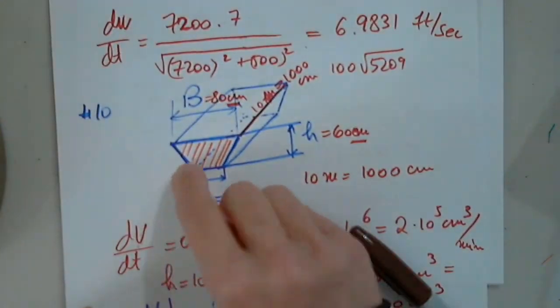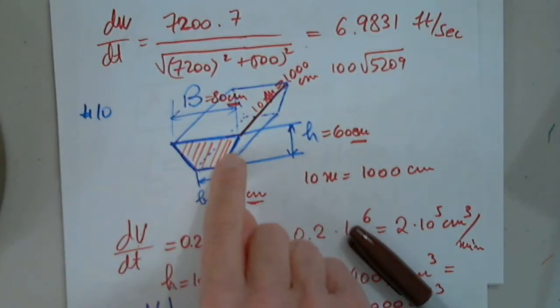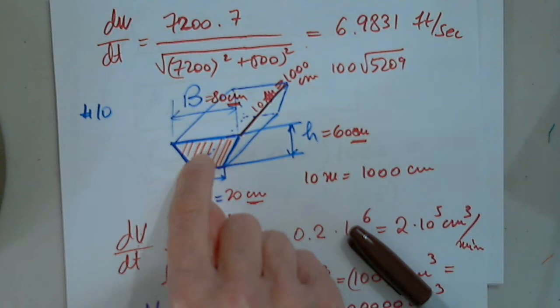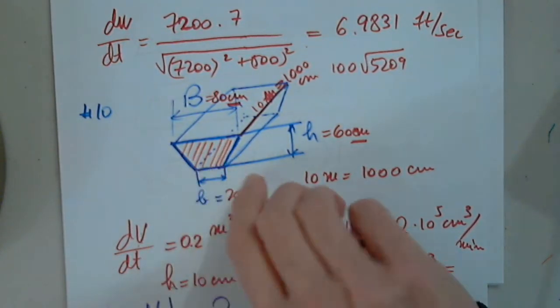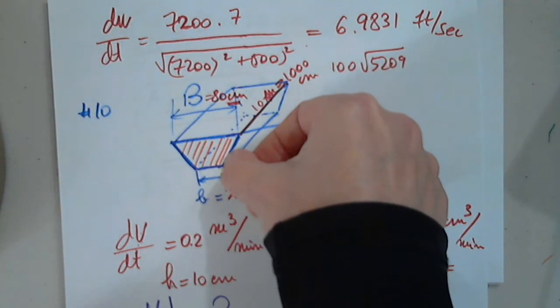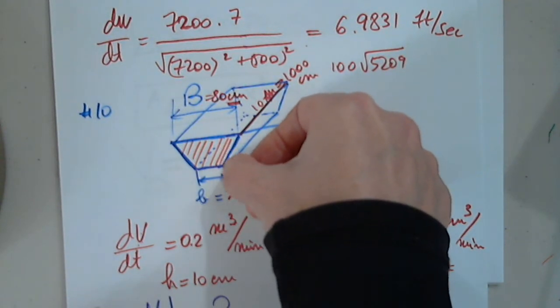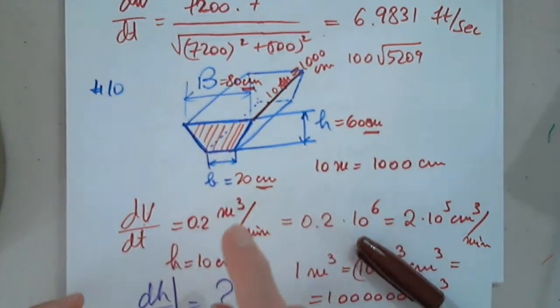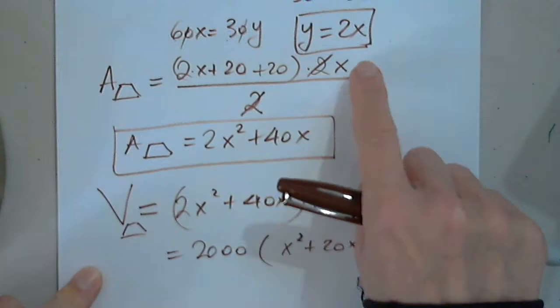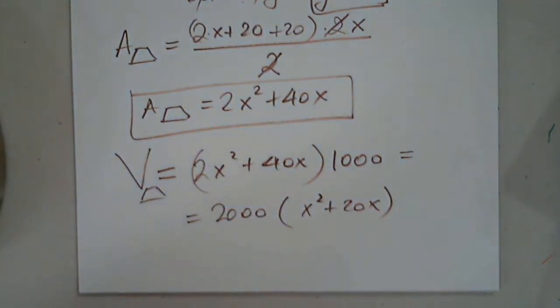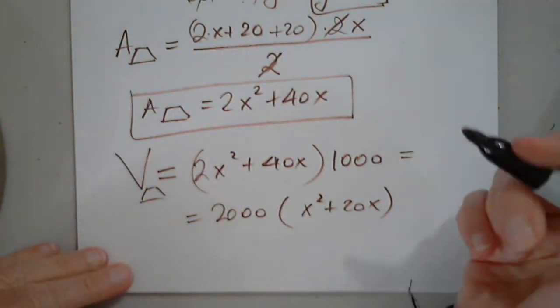I'm not asked to find how fast the water level is changing here. I'm only asked to find how fast the height of the water is changing, not the level. So I will go back to y, replacing y in here instead of x. I lost track for a second that we were interested in the height.